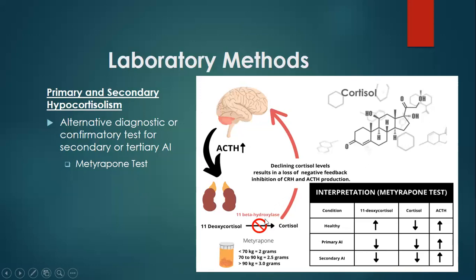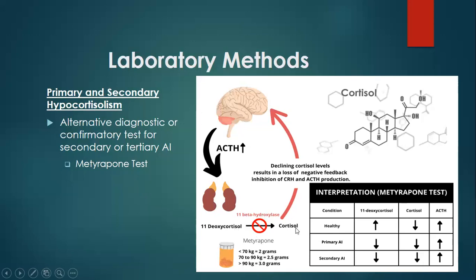So a significant decline in serum cortisol releases a negative feedback. If you have blocked the activity of 11-beta hydroxylase, you would have decreased cortisol because your 11-deoxycortisol would not be converted to cortisol.